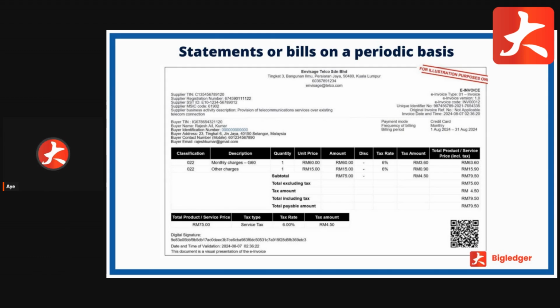This is the important part for the statement of bills on a periodic basis. Then for the description, the line items, you need to put all the charges that you put in the original statement, like monthly charges, and here you put the other charges. So you need to make sure that you follow your own original statement.